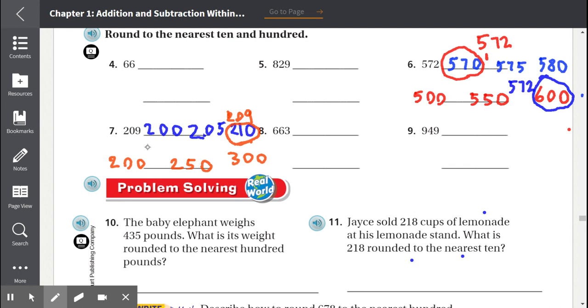Now, would 209 be between 200 and 250 or 250 and 300? 209 would be between 200 and 250. So 209 would be right around here. So that means 209 rounds to 200 when we're rounding to the nearest 100.